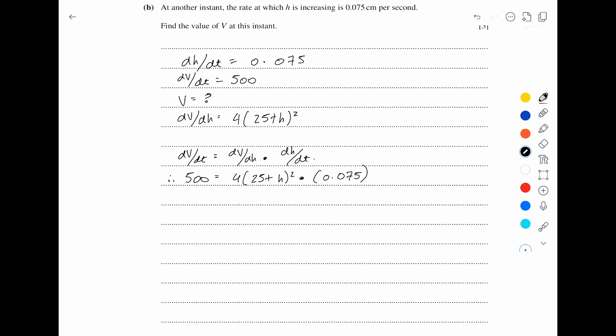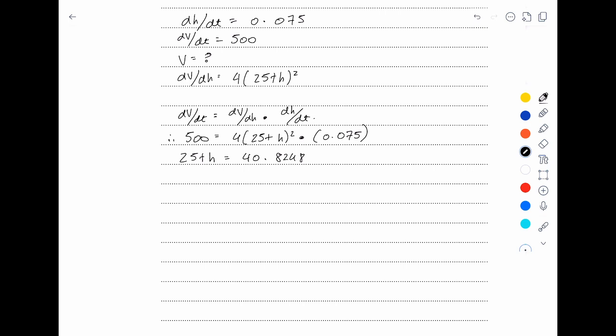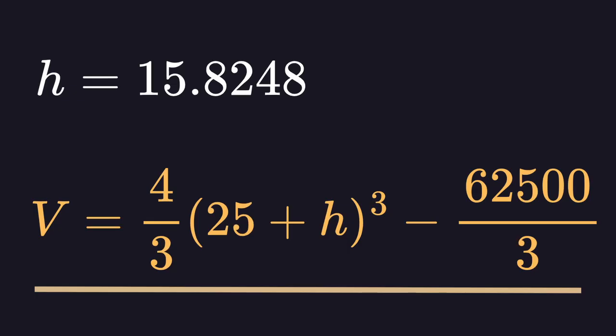With this equation, we can break things down to get 25 plus h is equal to 40.8248, which gives us h is equal to 15.8248. Finally, knowing that V is equal to 4 over 3 times (25 plus h) to the power 3 minus 62,500 over 3, we can simply plug h is equal to 15.8248 into our V equation.